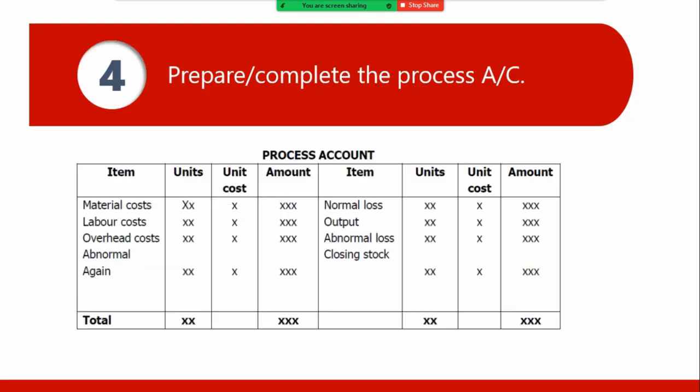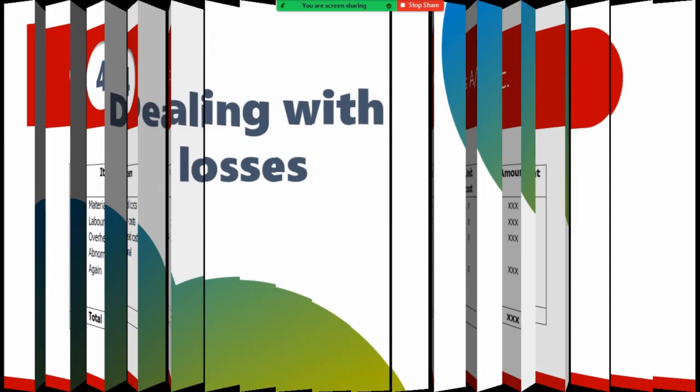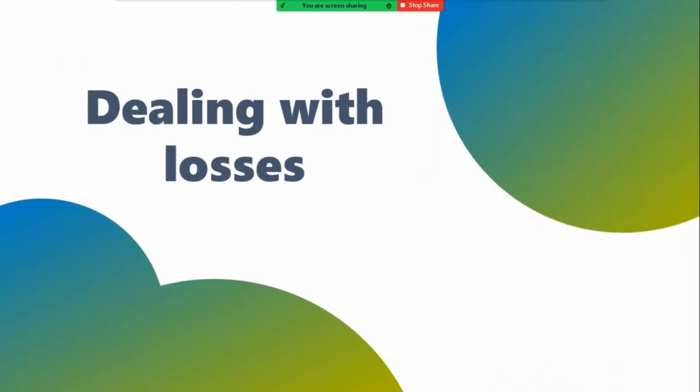As you have seen, we prepare our accounts, and of course the major account is the process account, which we have already seen in the previous slide. So as I've mentioned, the process involves losses, and management accounting has a criteria for dealing with these losses.